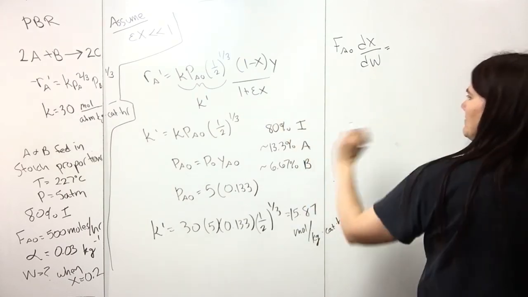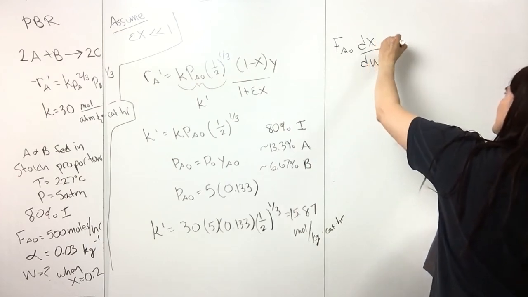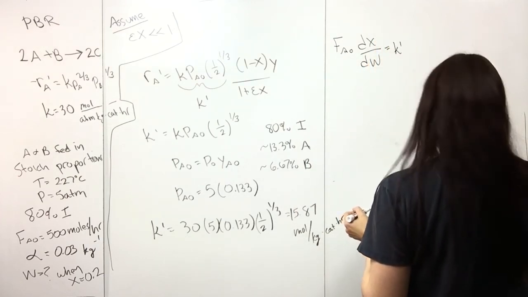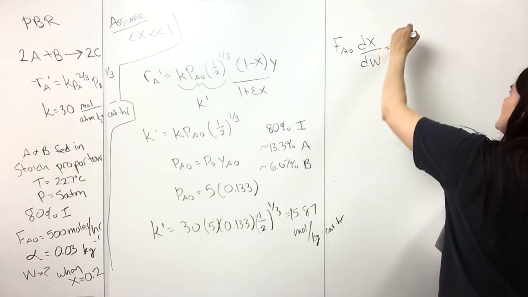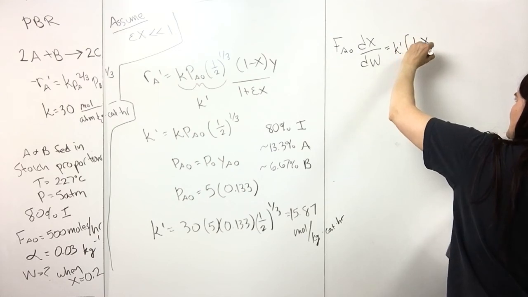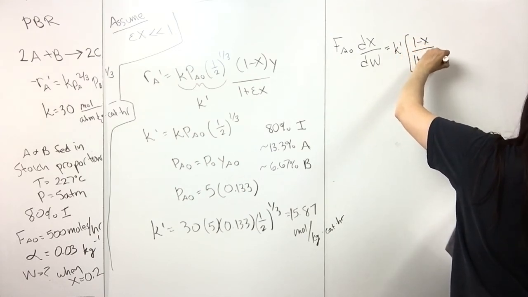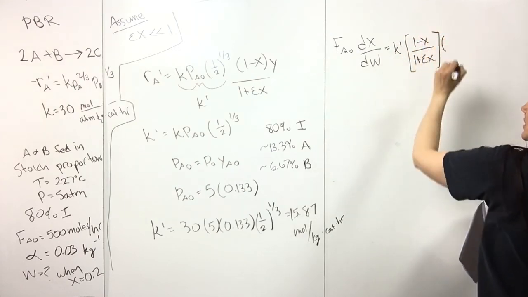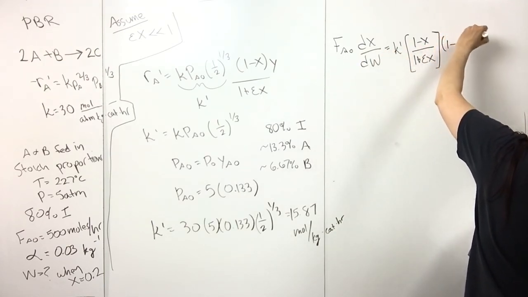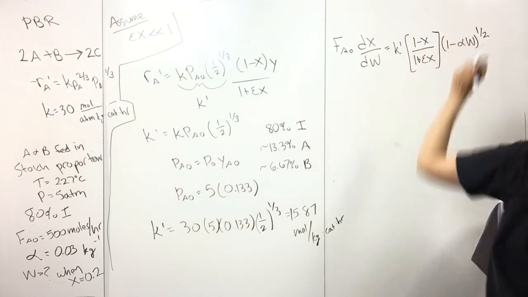So we have K prime (1 minus X over 1 plus epsilon X) multiplied by y, so (1 minus alpha W) to the 1/2.